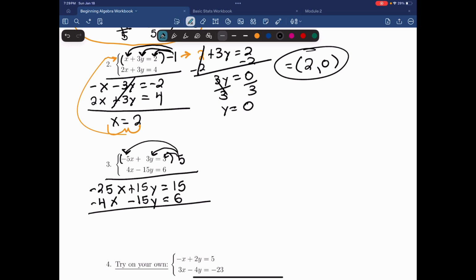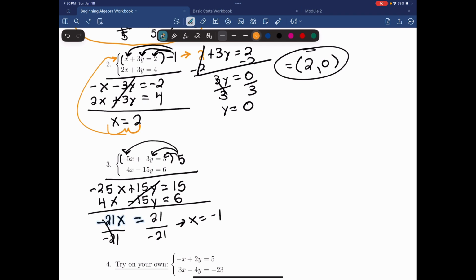Oh, it's not minus 4x, it's just positive 4x, my apologies. So negative 25x plus 4x equals negative 21x. And then the y variables cancel out. And we're going to set that equal to 15 plus 6, which is 21. And then to solve for x, I'm going to divide by negative 21 on both sides. And we get x equals negative 1.